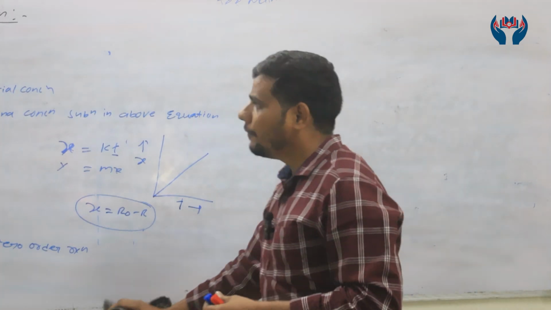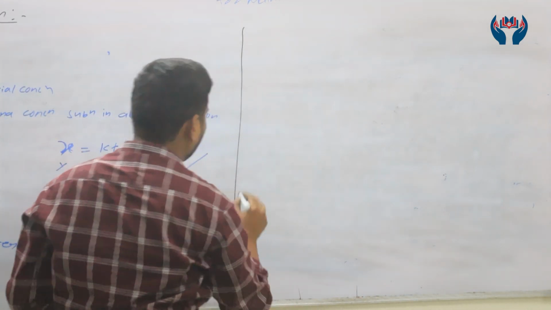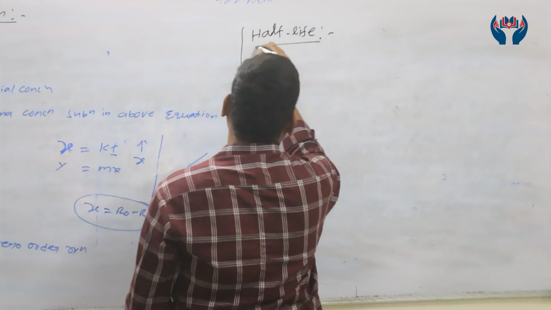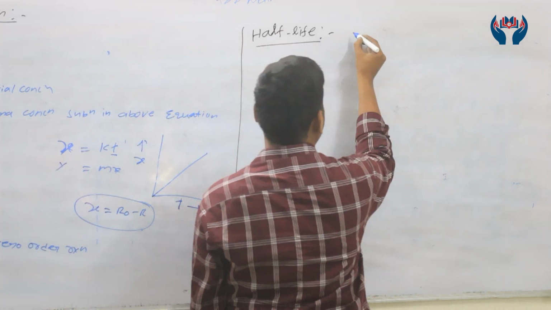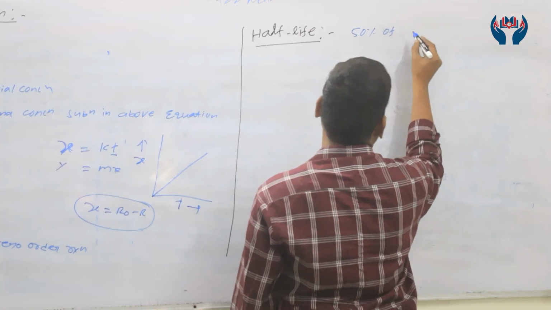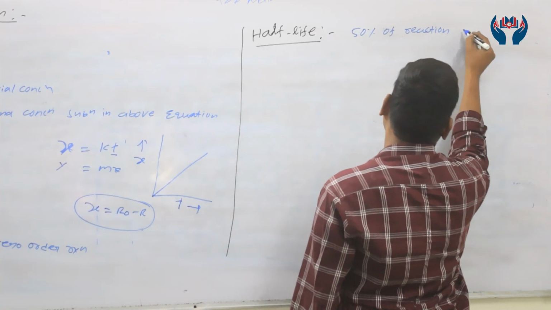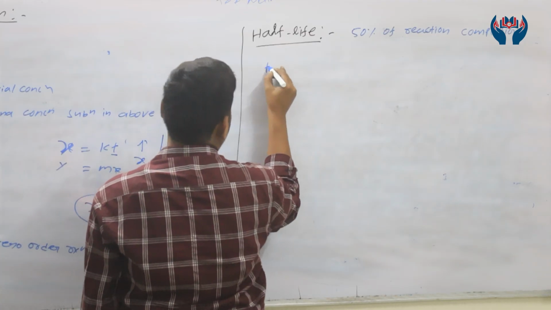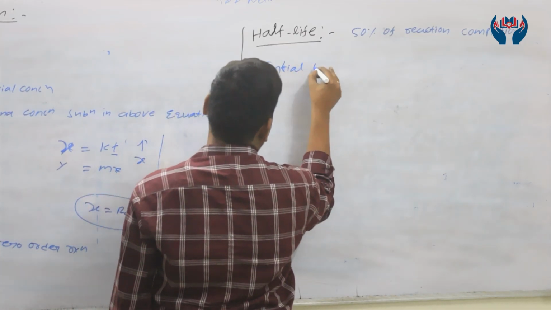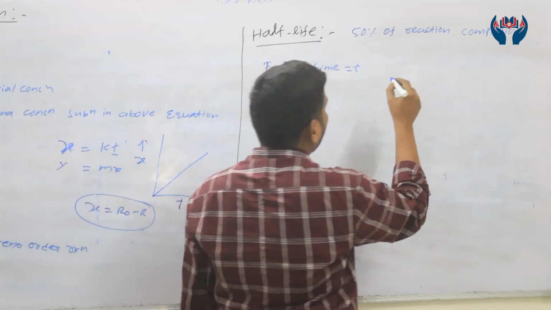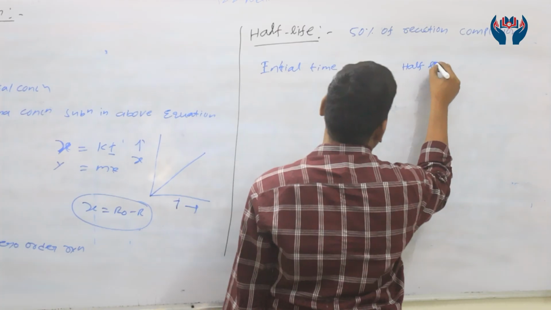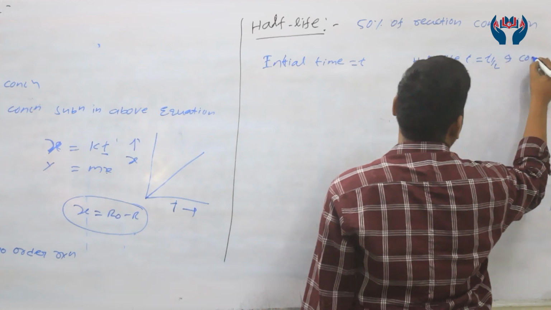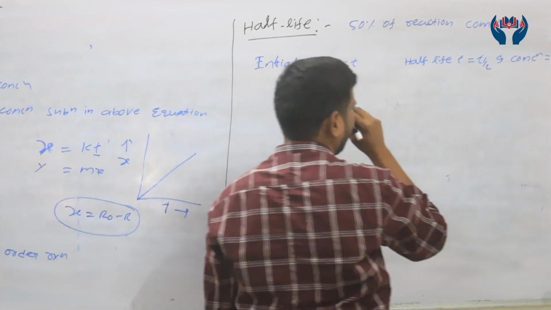It is the time at which 50% of the reaction is complete. So t equal to t half, and the concentration equal to R0 by 2.